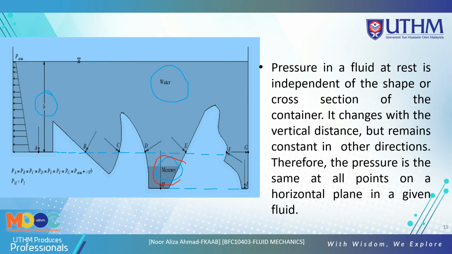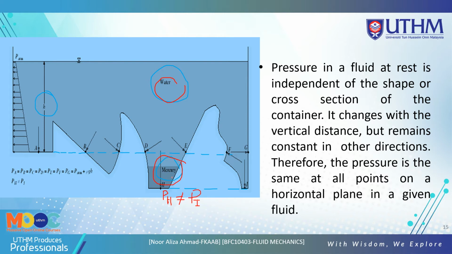This is the mercury and this is the water, so they include two different fluids. But for I, there is only water. So the pressure at H is not the same as the pressure at I.